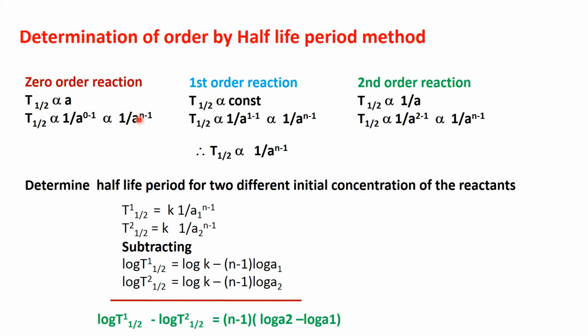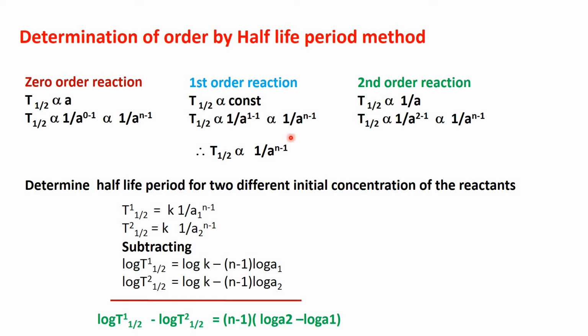A to the power minus 1 goes up and becomes A. So T half for a zero order reaction is proportional to 1 by A to the power N minus 1, where N is the order. Similarly, T half for a first order reaction is constant. This also I can write in this form, proportional to 1 by A to the power N minus 1, with N being 1 for first order, minus 1, 0.